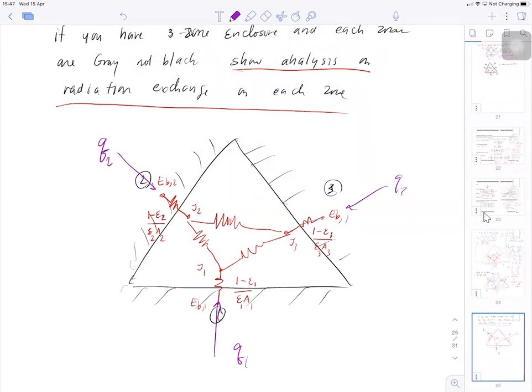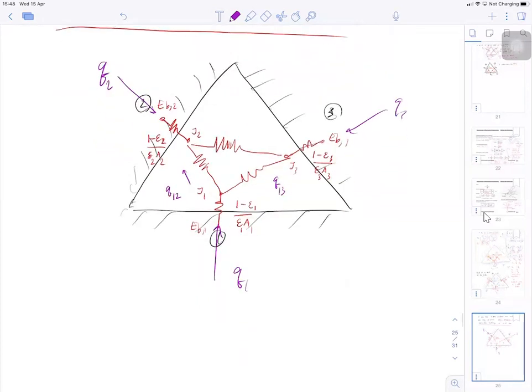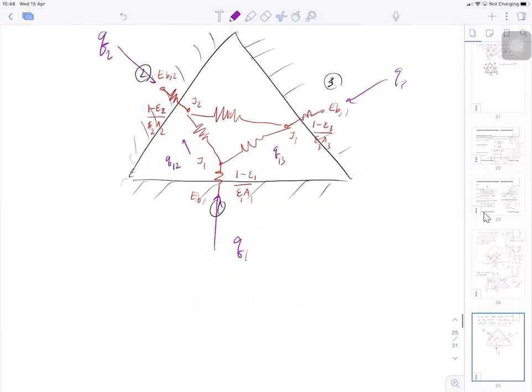radiation exchange. Okay, in this case, because you have two other surfaces and each of the surfaces is flat, it's going to divide into two. So Q1 is going to be divided into Q12 and Q13. See, I labeled it that way because it's the radiation exchange from surface 1.